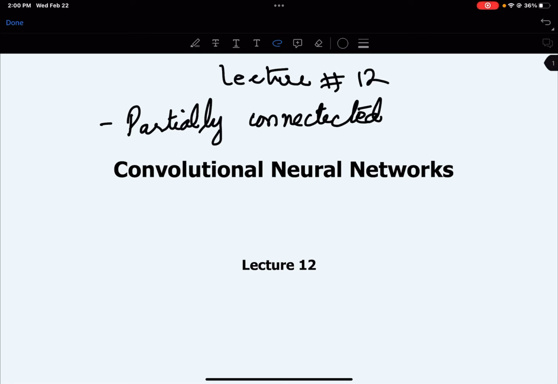So all the nodes are not connected. We can have sparse connectivity between one layer and the next.